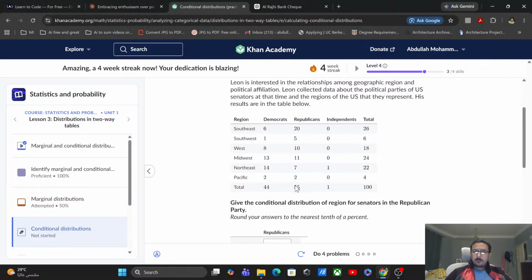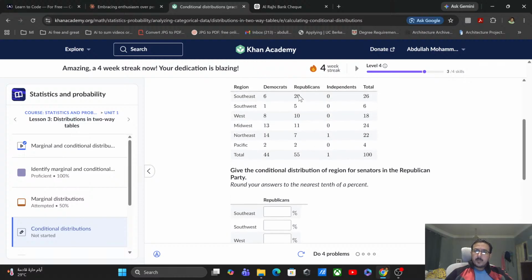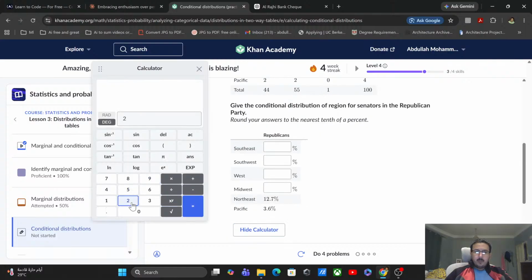Republicans 55. Of region. Okay. So 20 over 55, 20 over 55. 36.